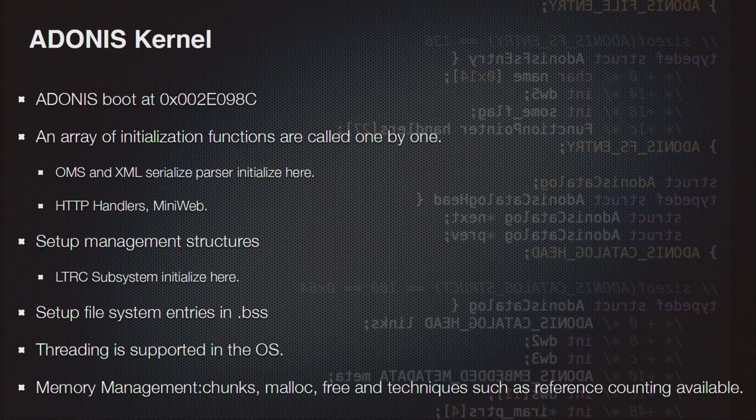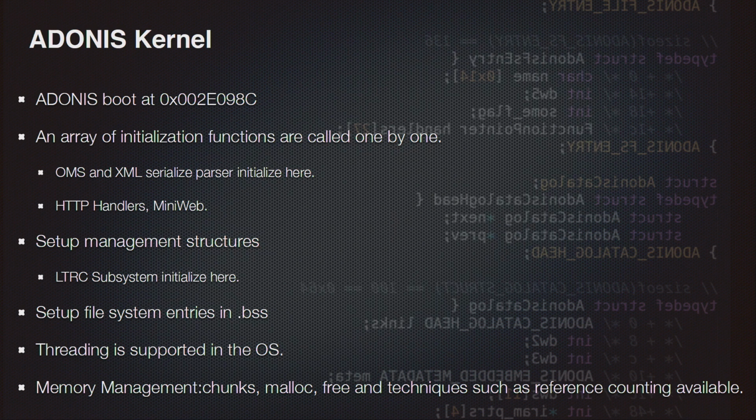But then if we go into the second stage, which is the ADONIS kernel itself, it does initialization in a kind of interesting manner, where it queries a whole table of function pointers and calls them one after the other. This is interesting to note because as a reverse engineer, we might be interested in what kind of hardware components are initialized in the system, and for every hardware component we can figure out what kind of data structures are set up and how they are used and initialized and so on.